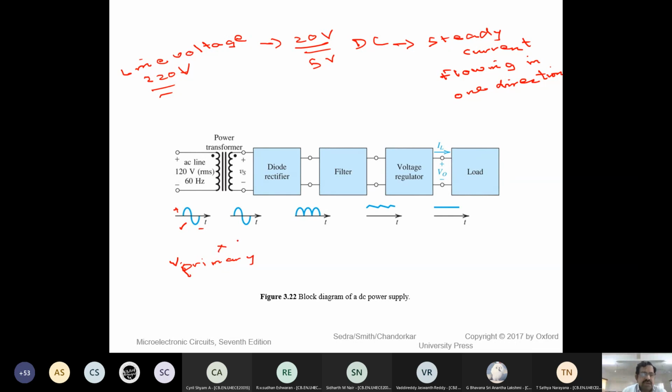If I multiply by the number of turns, NS by NP, which means secondary turns by primary turns, we get the output. So we can have a step-up transformer or a step-down transformer.